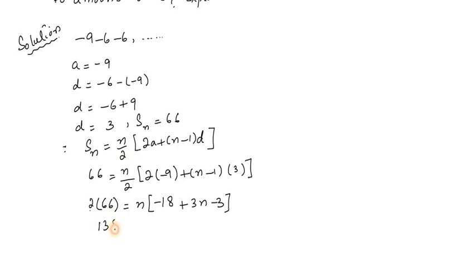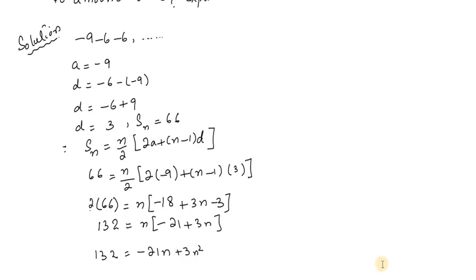So 132 is equal to n times (3n minus 21), which is minus 21n plus 3n square.